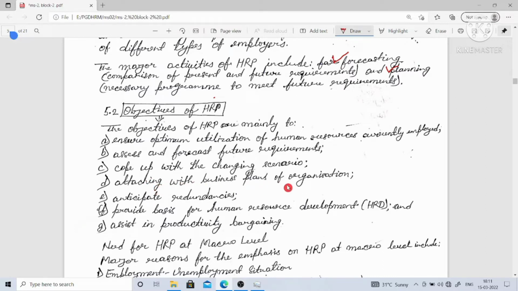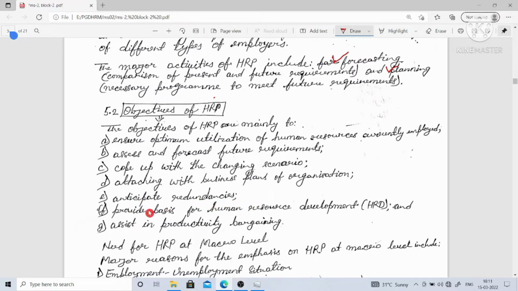Means what is the plan of the business in the future. Attach human resource planning with that, so that according to the requirement of the business, sufficient number of people are present so that the organization can move and develop.